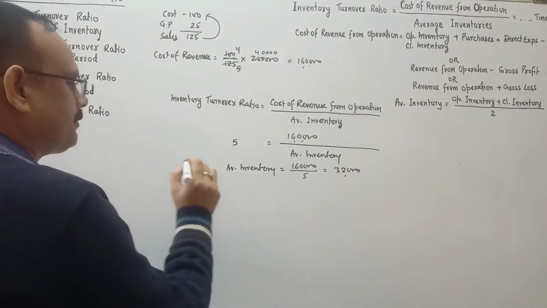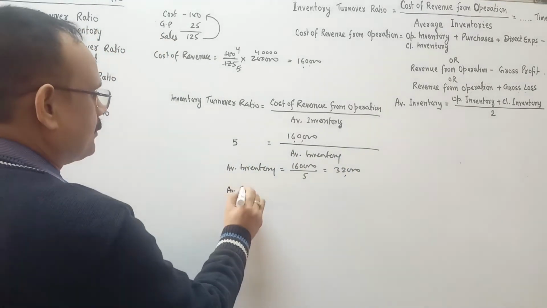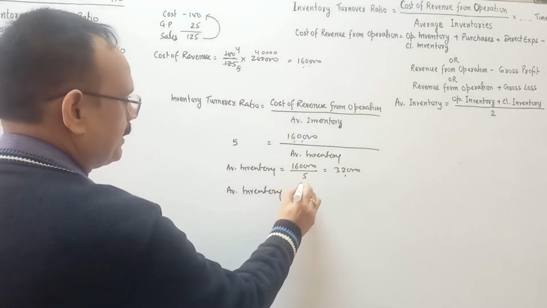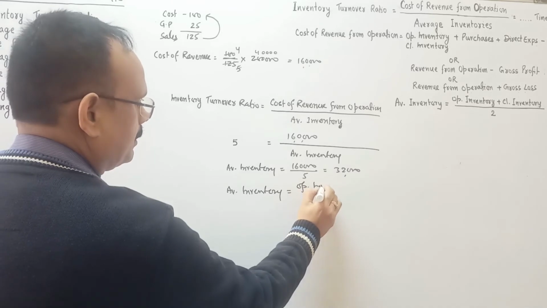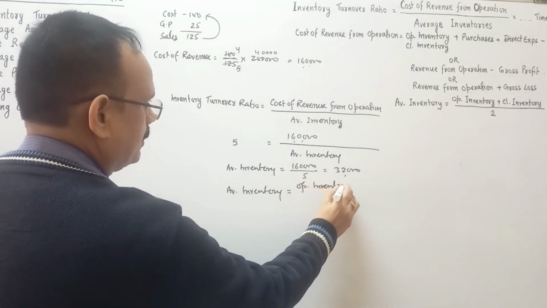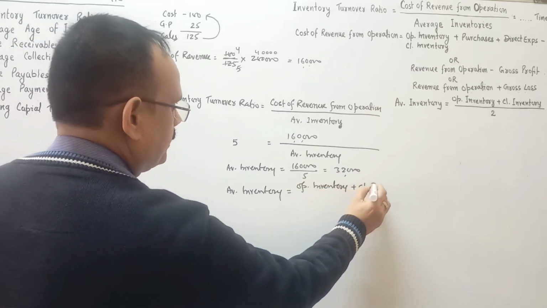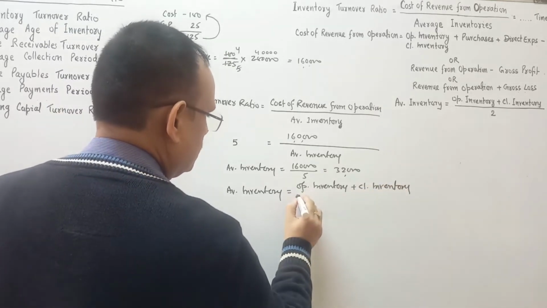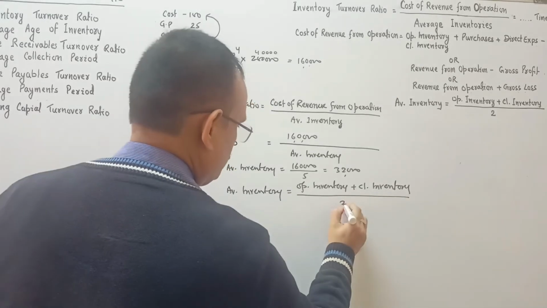And you know the formula: average inventory means opening inventory plus closing inventory upon 2.